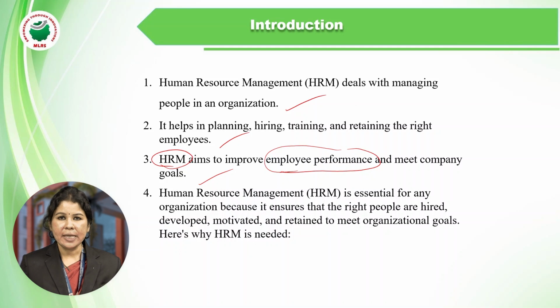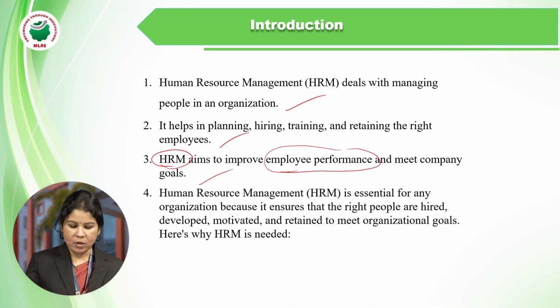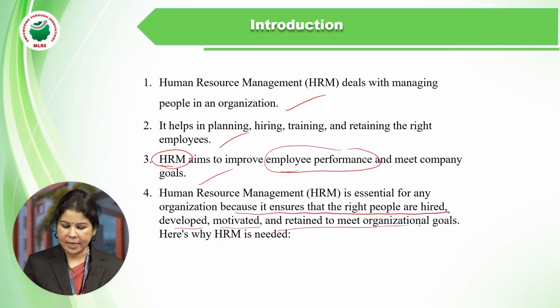So the main key factor which is in the hands of organization success is HRM. And HRM is essential for any organization, because it ensures that the right people are hired, developed, motivated and retained to meet the organization goals.